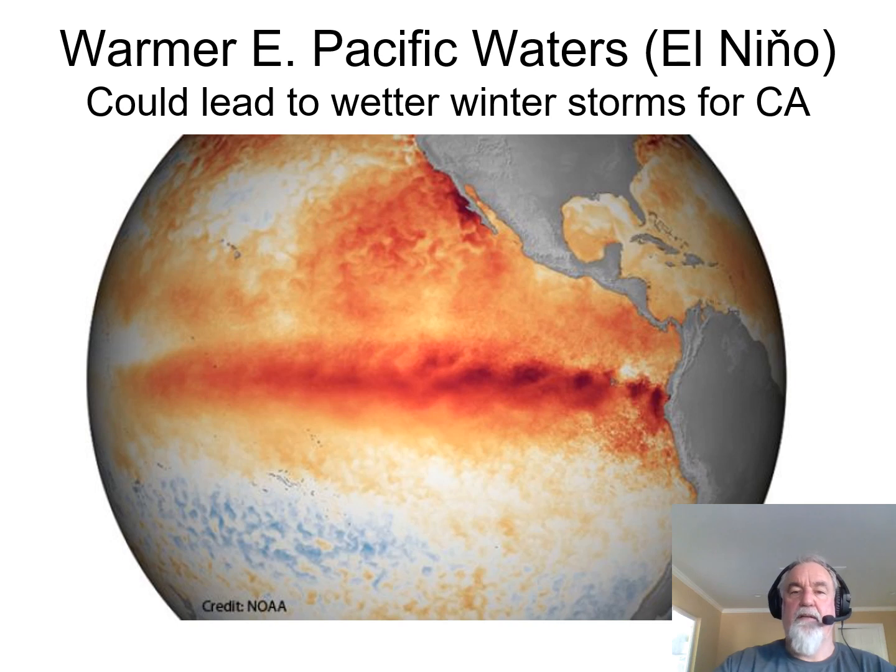So we can see here warmer water than normal off the coast of the Americas, and that would be an El Nino event. Now, the reason I'm showing this diagram is we are way up here. We're up in Southern California. We are nowhere near the equatorial Pacific. El Nino Southern Oscillation is a tropical Pacific event.